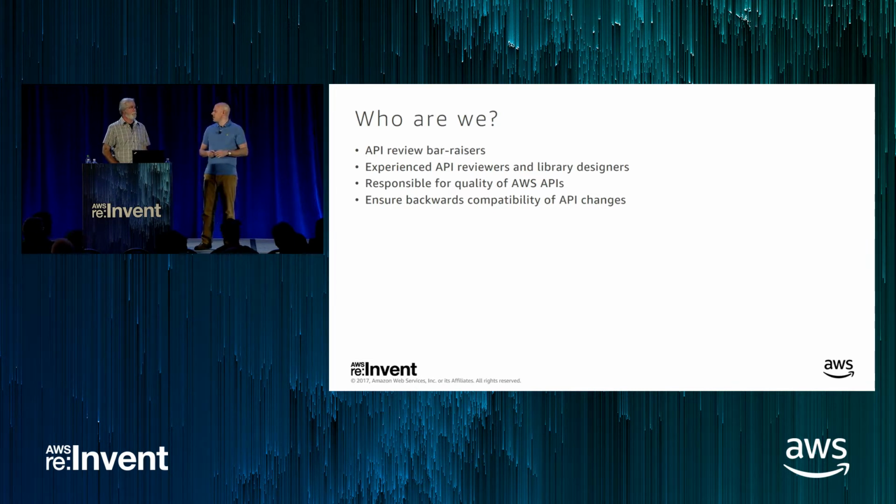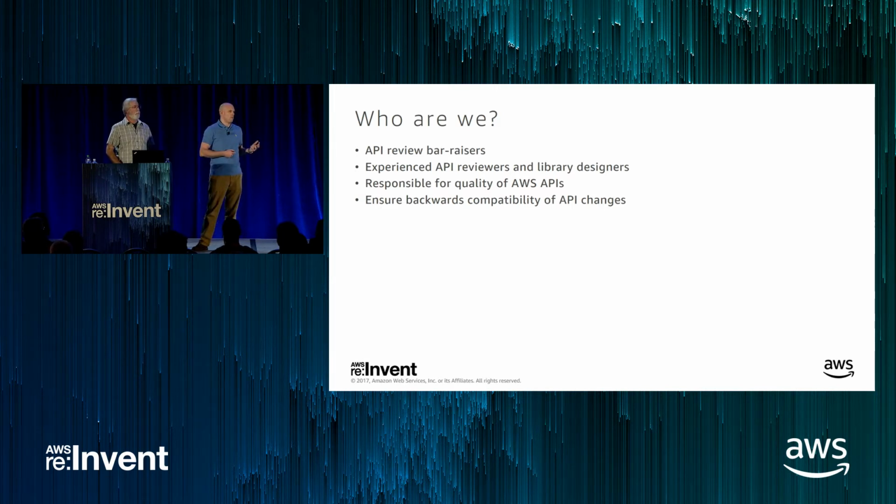About 18 months ago, when AWS's innovation was escalating and we were releasing more and more changes, it became obvious that we needed a mechanism to ensure that our APIs were high quality and consistent and continually improving. And so the API Review Bar Raiser group was formed.